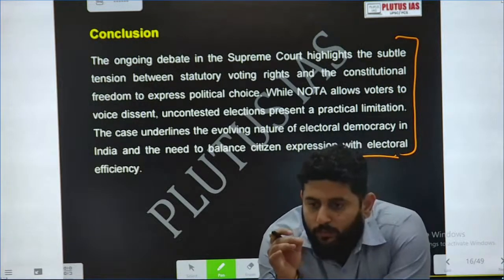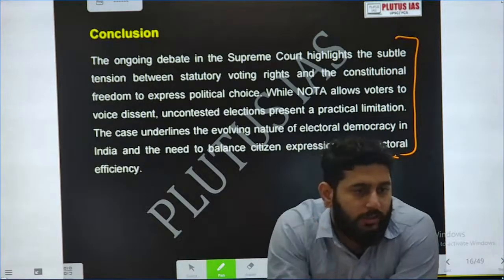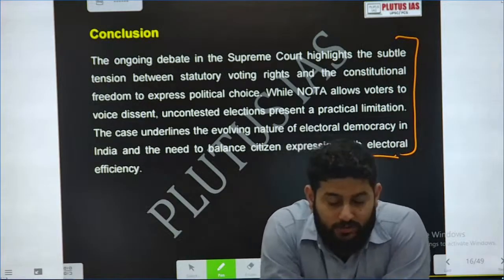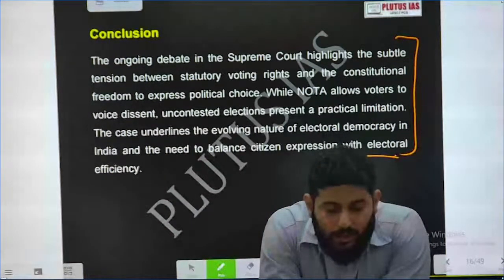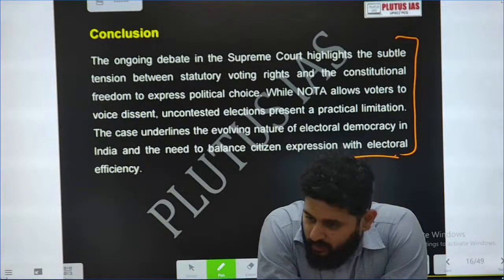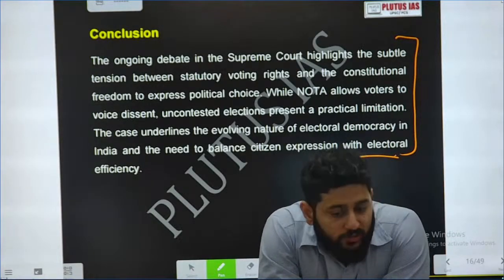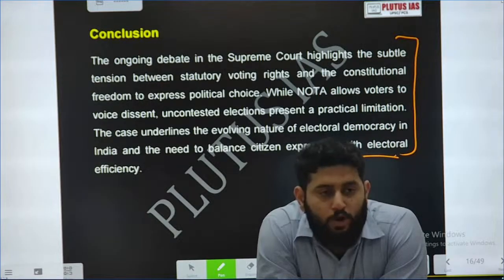In that, Supreme Court's interpretations versus Parliament's law-making authority. These will be directly connected in this topic. Another important thing is what? Democratic accountability. What is the democratic accountability in that? Ensure no citizen is denied a voice in democracy.